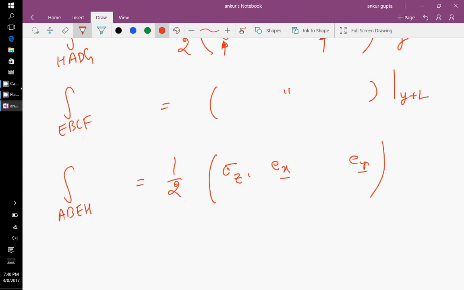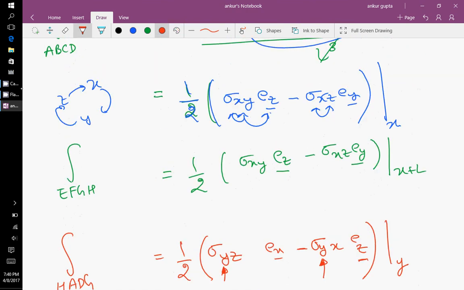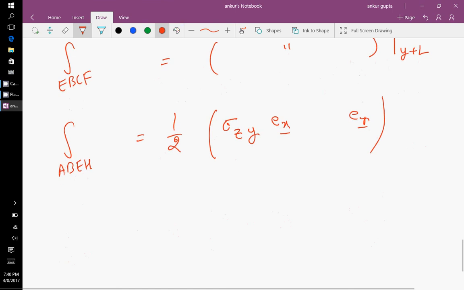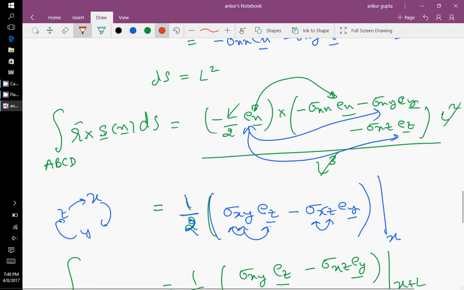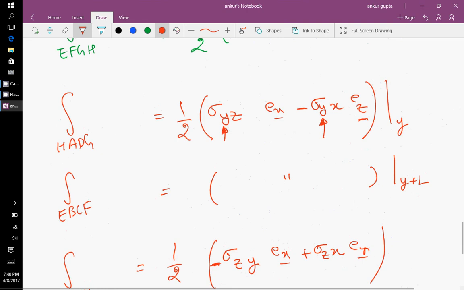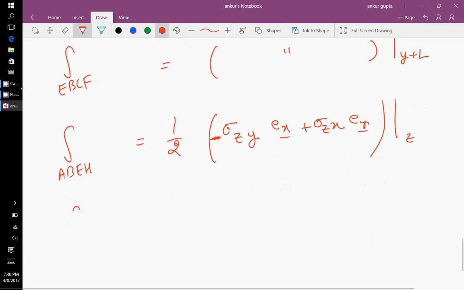So we have zy. If we are going zy, then we are going opposite in the cycle, so we'll put a negative sign here, negative sign, plus sigma zx y. Okay, and xy you can see is in the same cycle. So this is just a symmetric way of putting things. The last surface will have the same expression but evaluated at z plus L.